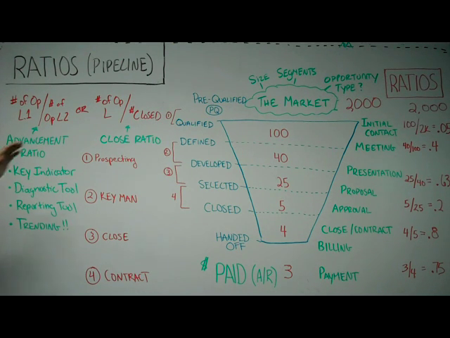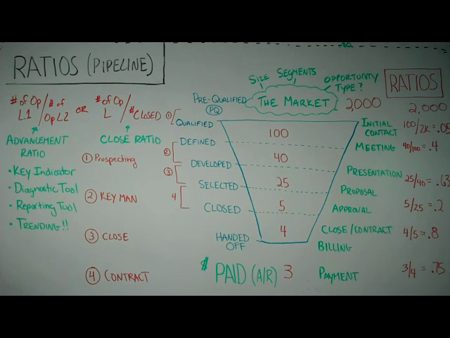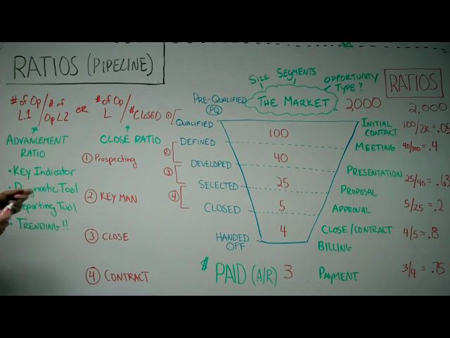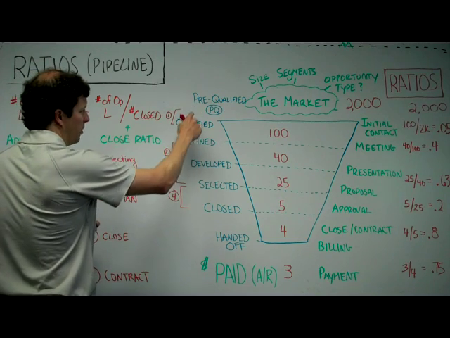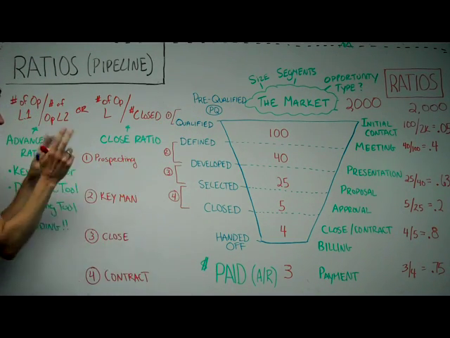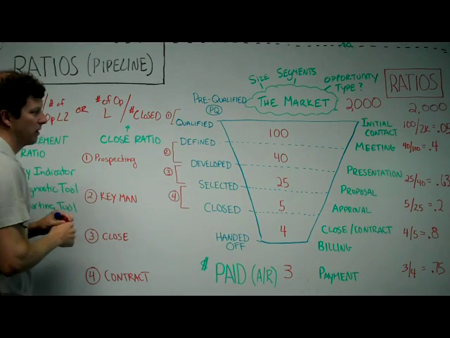Diagnose problems. So what I've done here is I've picked 4 ratios for us to look at, and we'll talk about what these ratios are. And these are all advancement ratios. So the first ratio here is, how many people did I move from pre-qualified to qualified? And I just randomly named this one my prospecting ratio. That tells me how good I am at prospecting from month to month.